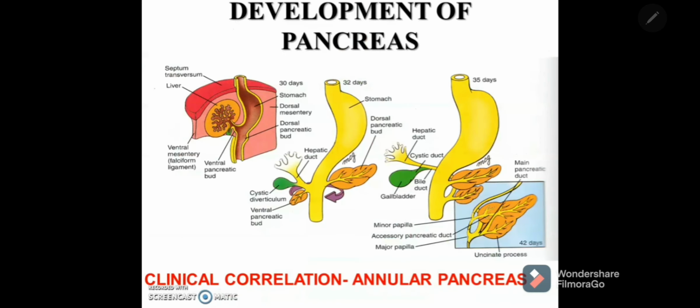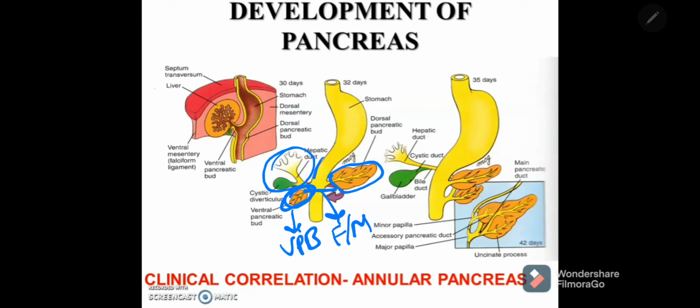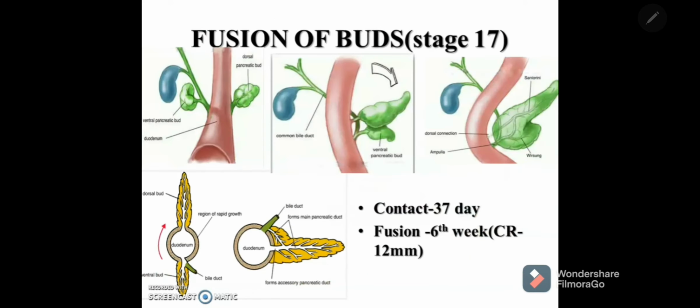So the ventral pancreatic bud is in relation with the hepatocystic bud. This is the ventral bud, this is the dorsal bud coming from the foregut. This is the junction between the foregut and midgut. The ventral pancreatic bud comes from this junction, whereas the dorsal pancreatic bud comes from the foregut.